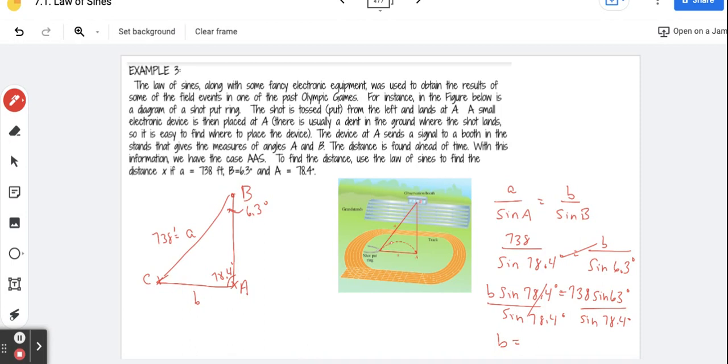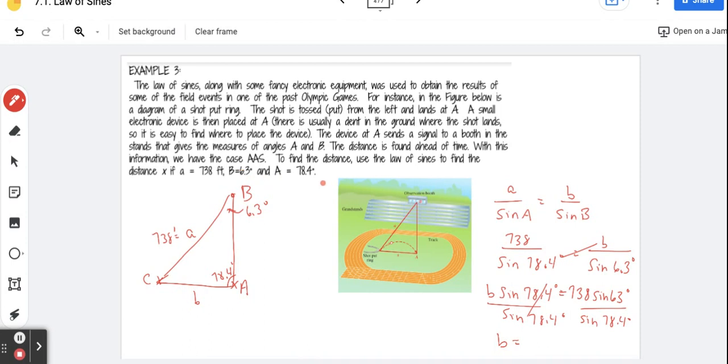738 times sine of 63, divided by sine of 78.4. That gives 671. It doesn't say where to round to.